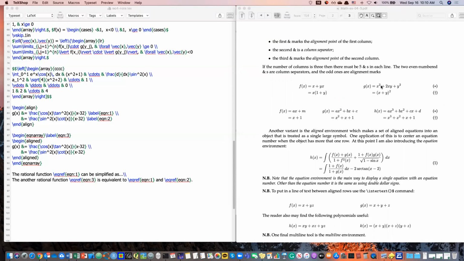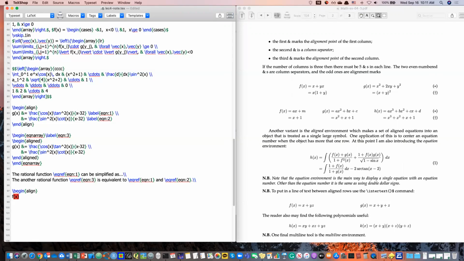I'll explain this one by replicating that multi-line equation. So now, next one. Begin align. Start here, and then f of x.